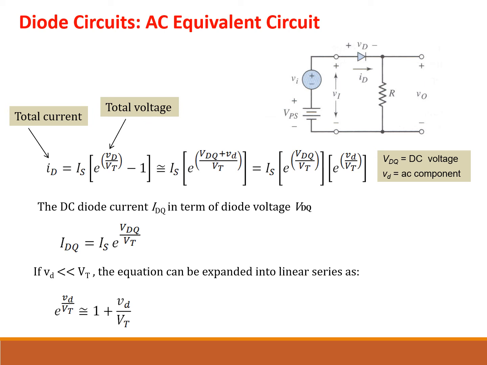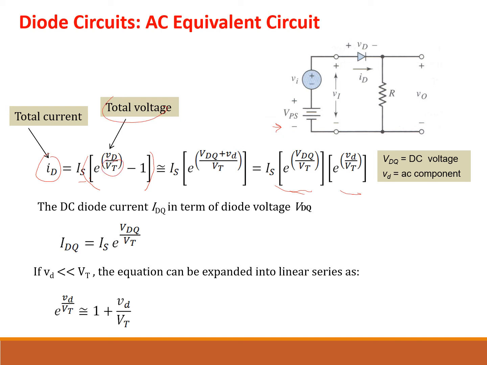If we look at this circuit, we know that the total current will have a DC component and an AC component. If we rewrite the ID equation as the diode ideal current, we will use the IS formula: IS multiplied with the whole bracket consisting of exponential of VD, which is the total voltage, over VT, where VT is the thermal voltage, minus 1.